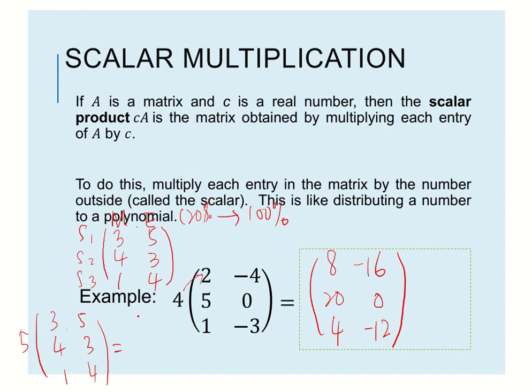Now we have 15, 25, 25, 15, and 20. So this will be the marks over 100%, and before this it was the marks over 20. So we can actually use scalar multiplication to change the magnitude of the matrix.